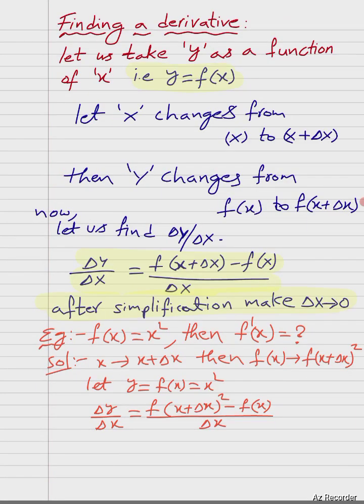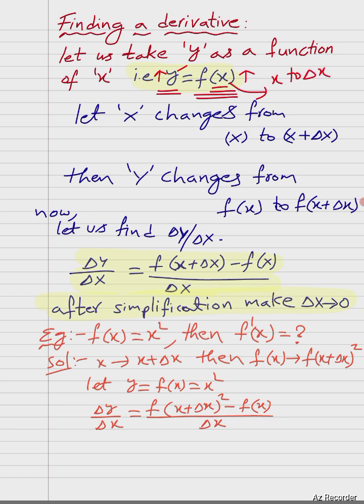Now to find a derivative, what is the process we have to follow? Suppose y changes as a function of x. That means as x changes, y also changes. However the function is defined, the same way y will change. Now suppose this x value changes from x to x plus delta x.